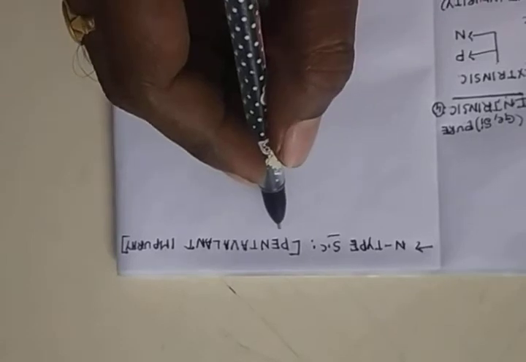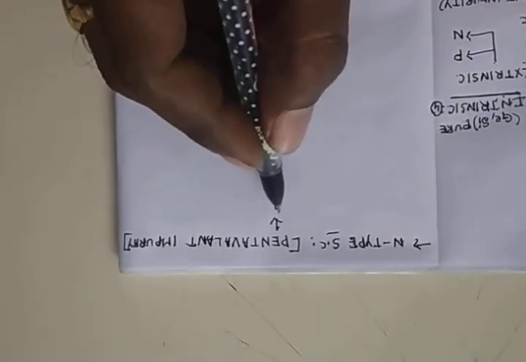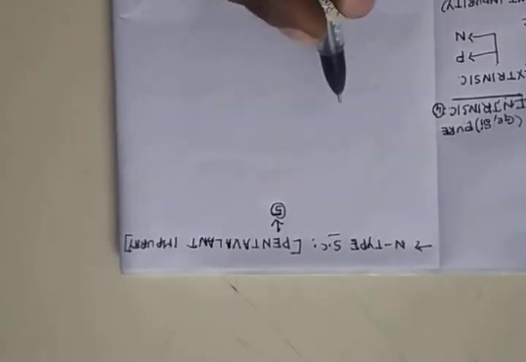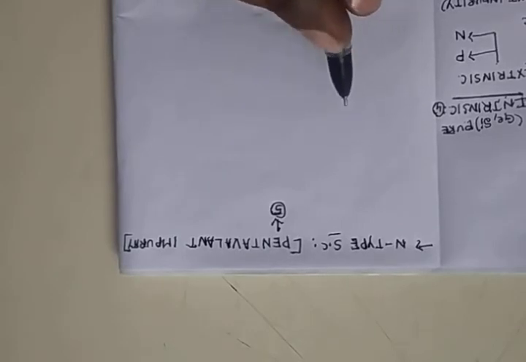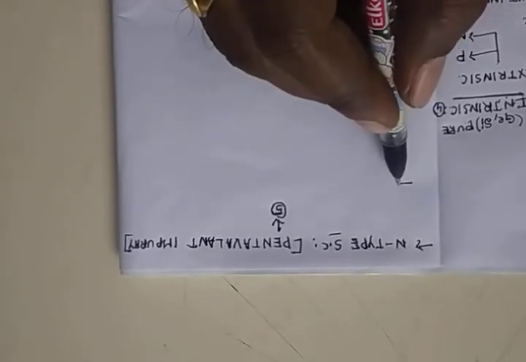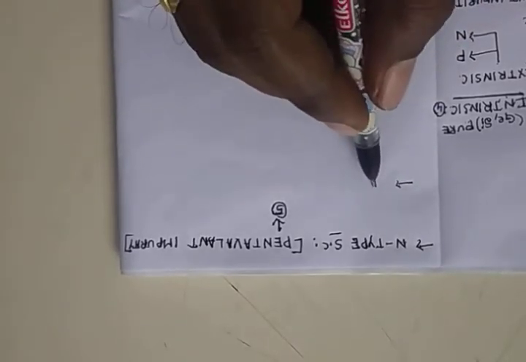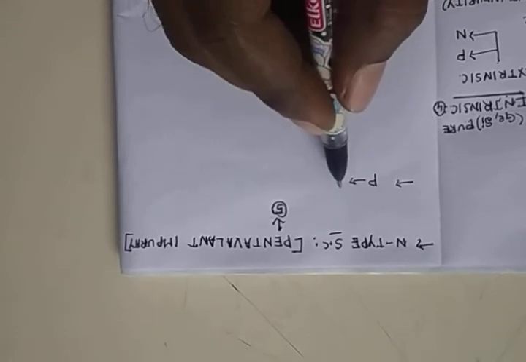Pentavalent impurity, so that this pentavalent impurity will have 5 valency electrons. These 5 valency electrons, for example, I am taking phosphorus.